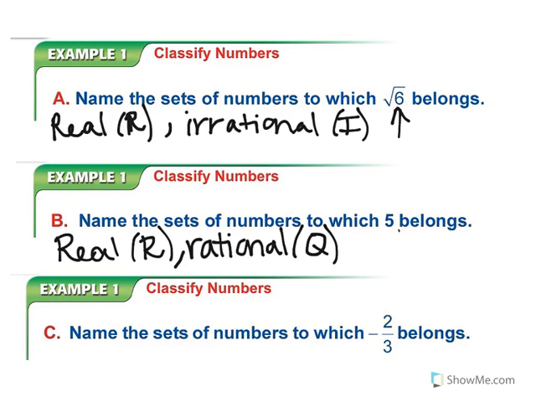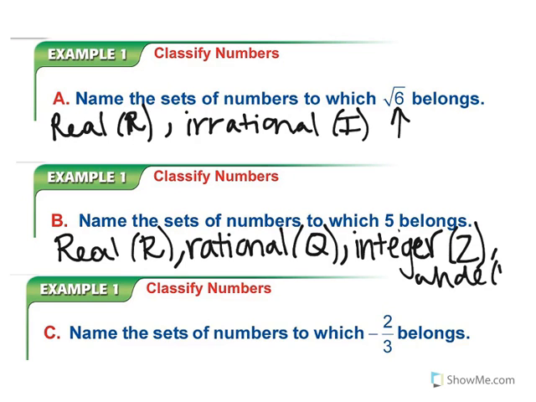Then you ask yourself, is it an integer? And in this case, yes, it is. In the last two categories, is it a whole number? Yes. And then, is it a natural number? Is it a counting number? Well, it's a counting number as well. So it's a natural number as well. So it happened to fit in every single category.